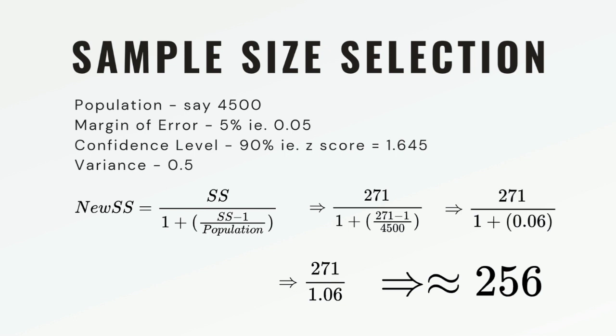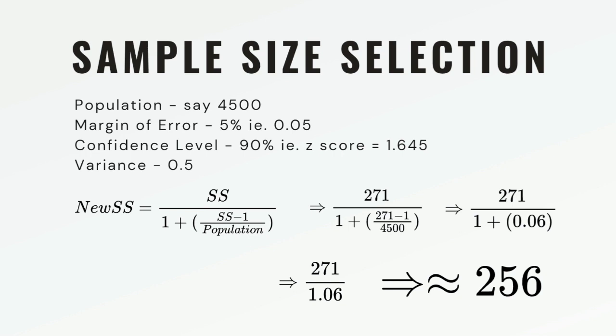With the same margin of error, confidence level and variance, my new sample size is given by this formula: my earlier sample size, that is 271, divided by 1 plus (sample size minus 1) divided by population. Substituting all the values, the new sample size reduces to 256. From 271, it reduced to 256.